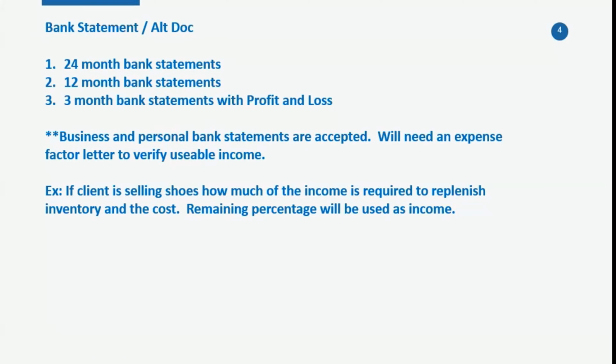Since you're not dishing out any money really for the cost of materials, your expense factor might just be for the gas, you know, travel time, stuff like that, where it might be a 15% expense factor, right? Your car payment, insurance, those liabilities, okay? So depending on what it is, the lower the expense factor, you better give me a good explanation on why you're wanting to use a lower expense factor.